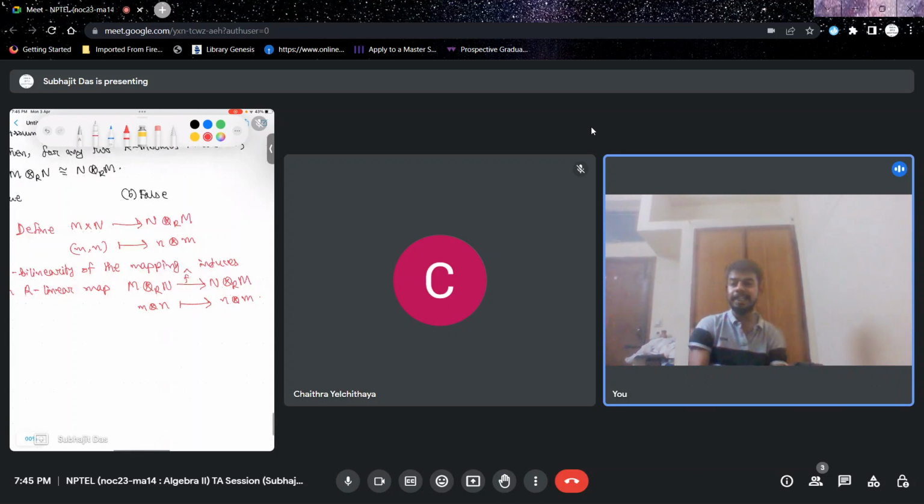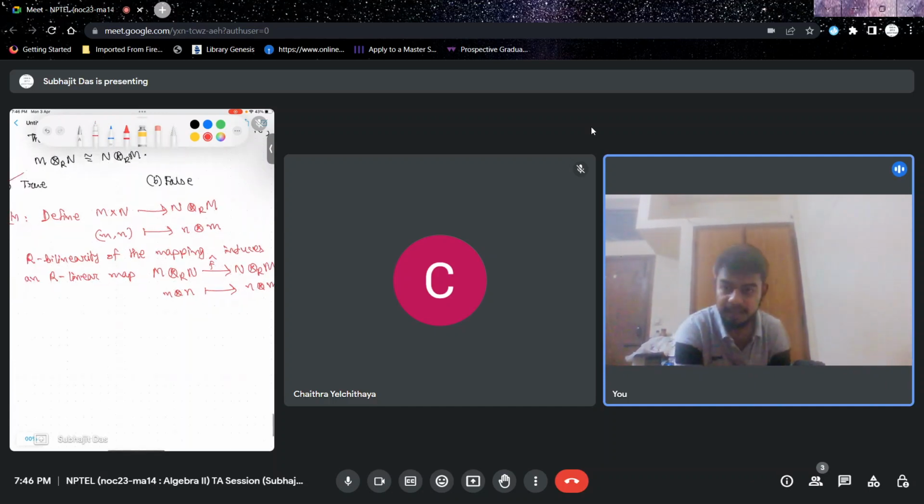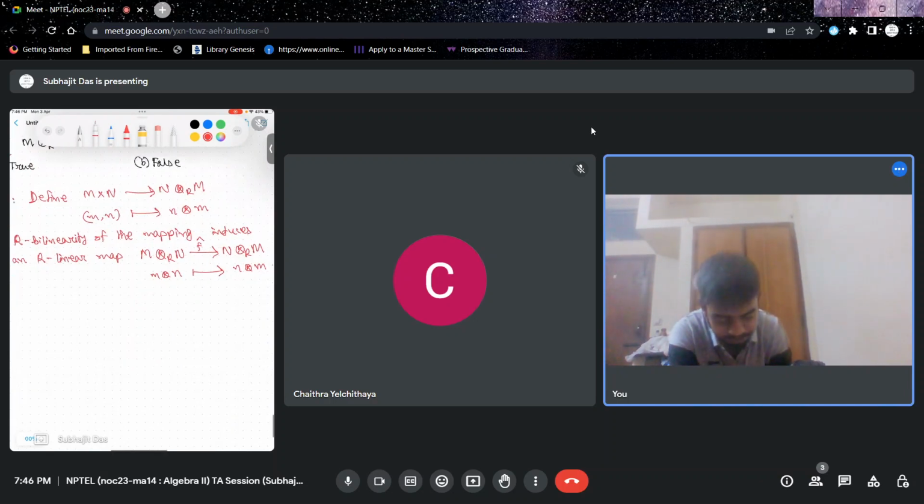Now of course we need to show that this arrow is invertible, that is, this morphism has an inverse morphism, which means we need to construct a morphism in the opposite direction. But my point is this: since M and N are arbitrary modules, by symmetry you already have a map in the opposite direction.